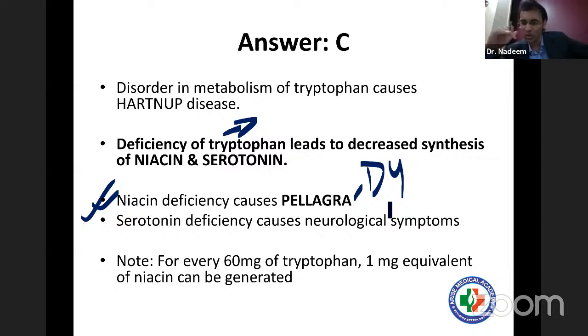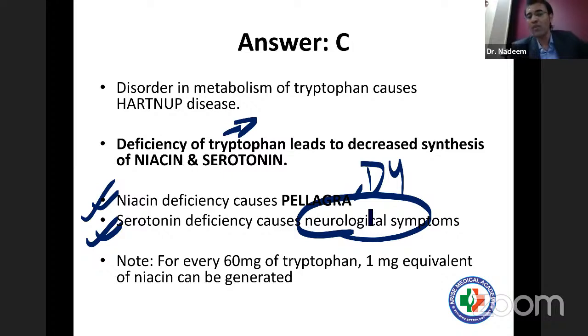But this is actually a long course. In the beginning, there will be diarrhea and skin rashes. And due to serotonin deficiency, the patient will have neurological symptoms. Please understand that for every 60 milligrams of tryptophan, 1 milligram equivalent of niacin can be generated.